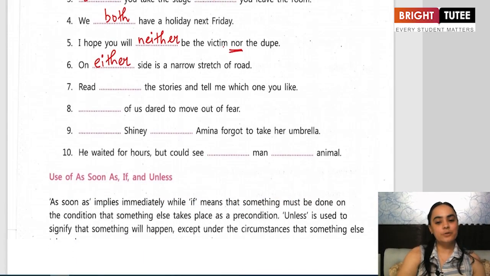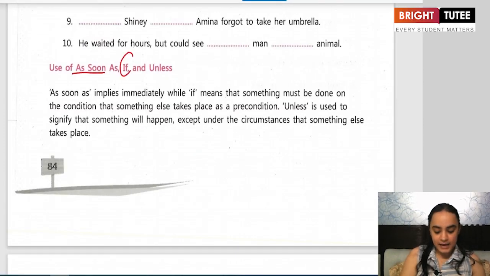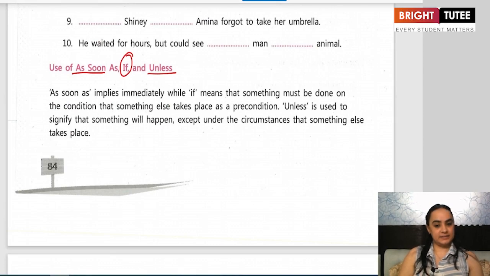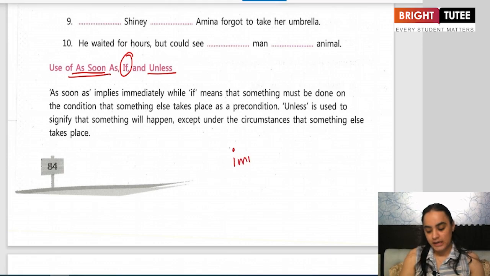Now the next set of words that we have are as soon as, if and unless. Now, the most important thing, as soon as. As soon as means, for instance, as soon as it started to rain, I ran inside the house. So what is this showing? This is showing the immediate effect of something.